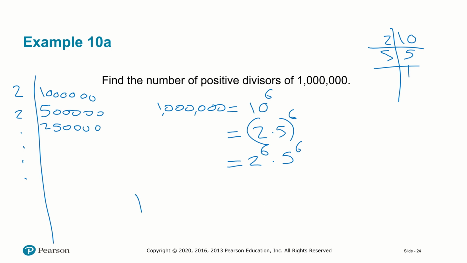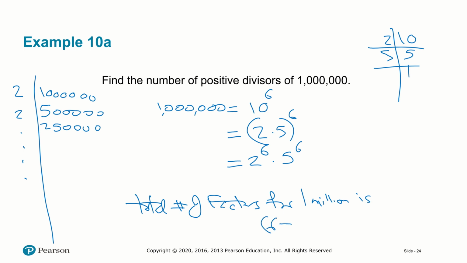So the total number of factors for 1 million is, remember, take each of those exponents and add 1. So 6 plus 1 times 6 plus 1, so we get 7 times 7, which is 49, just like that.